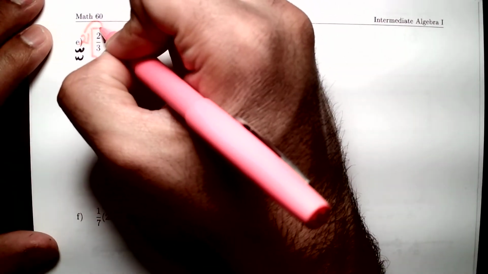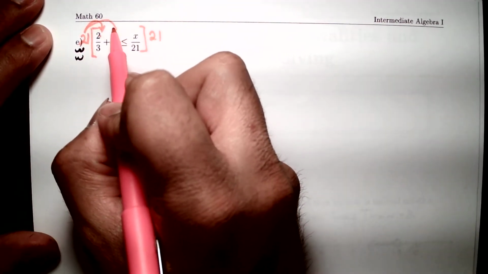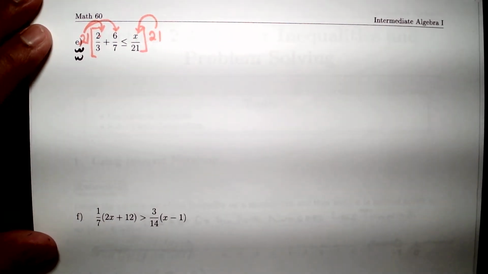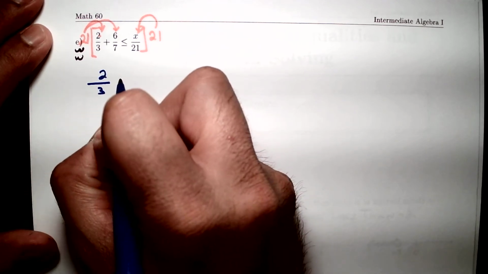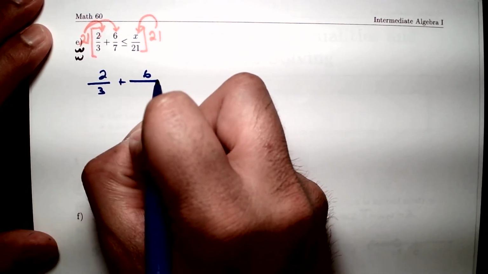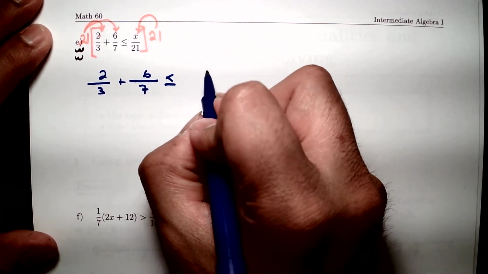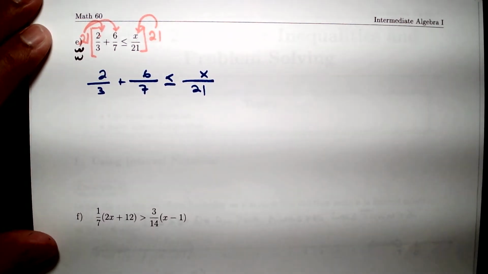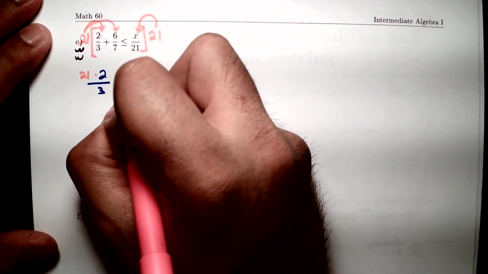The 21, keep in mind, is going to multiply only with the numerator of each fraction. So what am I going to get? Well, I'm going to write 2/3 plus 6 over 7 less than or equal x over 21. Notice the space I'm leaving here. That's the space I'm going to use for the distribution here.